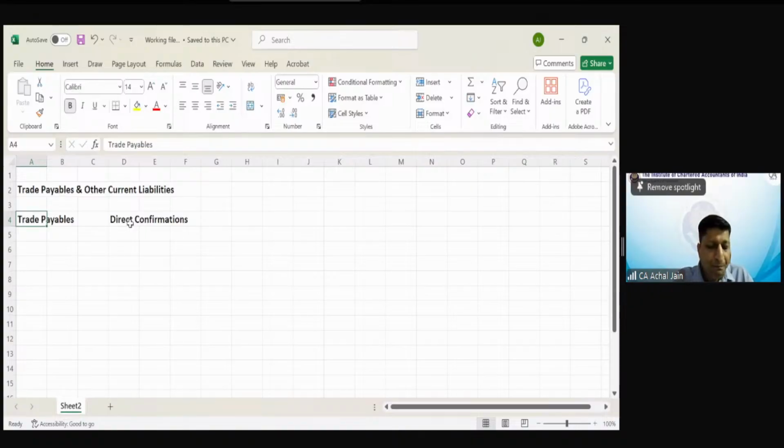So we don't need to get too much into the details of direct confirmations, except for some of the points. Now, as regards the direct confirmations for trade payables, if let's suppose this procedure is required to be performed by you, what do you think, should this be performed on a sample basis as regards the total population of the trade payables, or should it be performed for the entire trade payables which are there in the financial statements, and why?